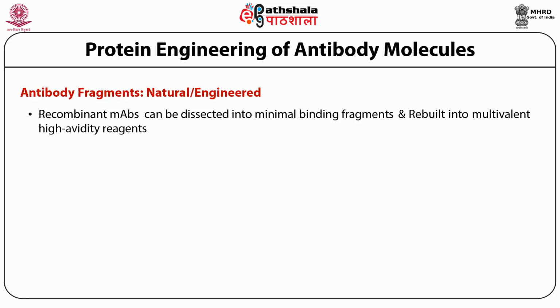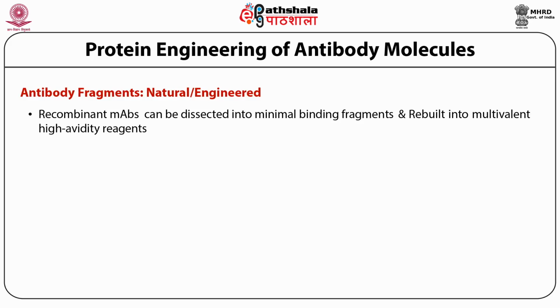So there are means by which one can allow these recombinant truncated binding fragments to rebuild themselves into multivalent molecules where they can have more than one binding site. So this increases their affinity and avidity.